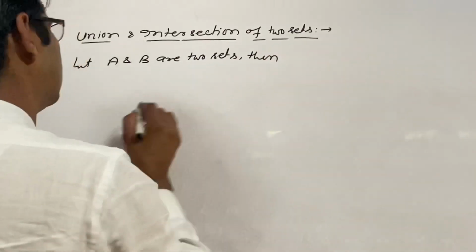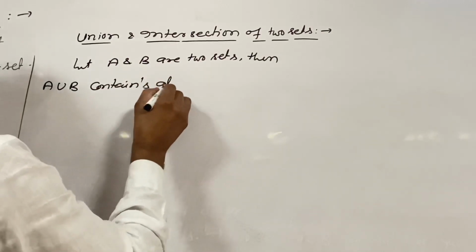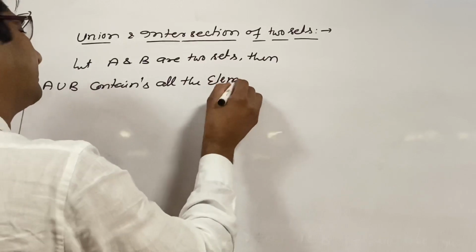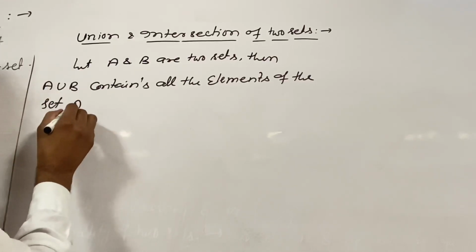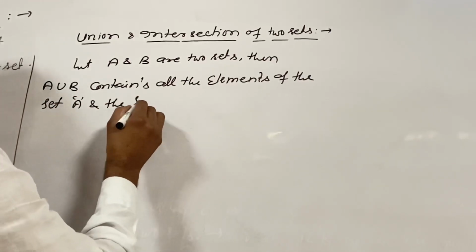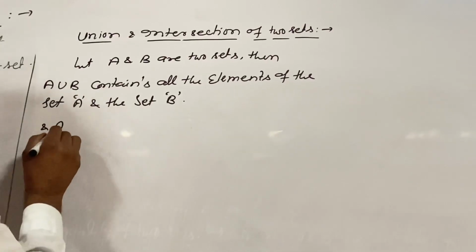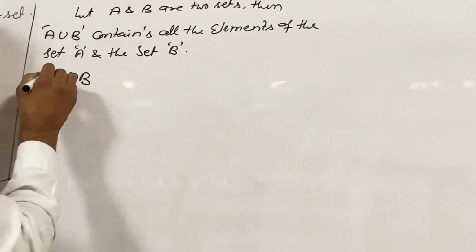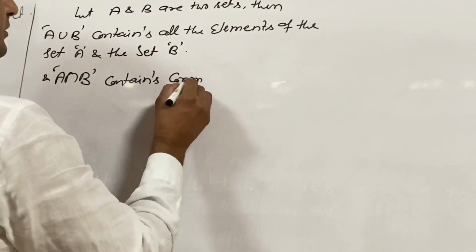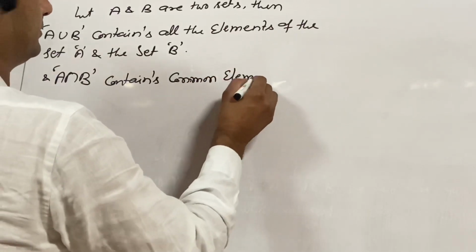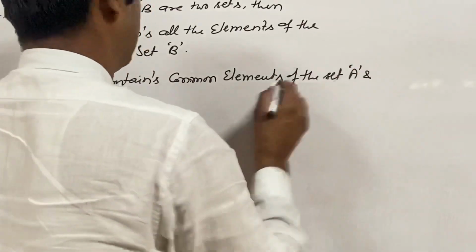Then A union B contains all the elements of the set A and the set B. And A intersection B contains common elements of the set A and the set B.